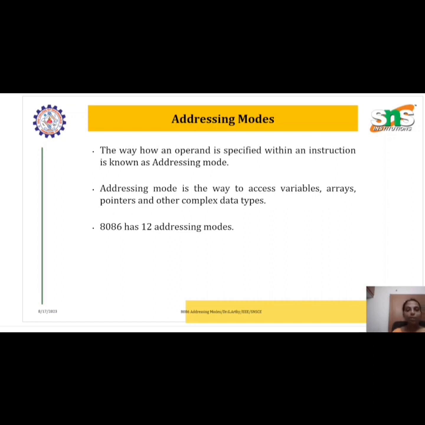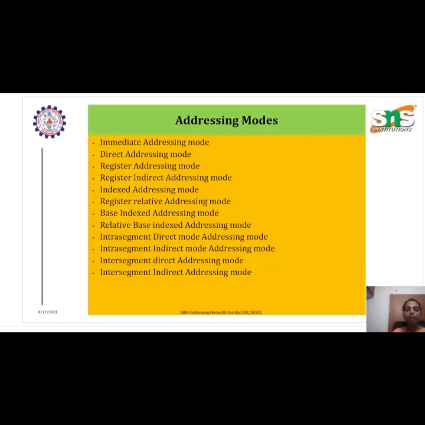8086 has 12 different types of addressing modes. Here are the addressing modes: immediate addressing mode, direct addressing mode, register addressing mode, register indirect addressing mode, indexed addressing mode, register relative addressing mode, base index addressing mode, relative base index addressing mode, intra-segment direct addressing mode, intra-segment indirect addressing mode, inter-segment direct addressing mode, inter-segment indirect addressing mode.